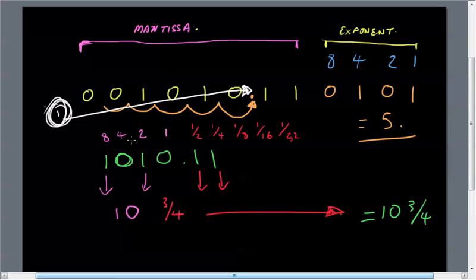We get 1 mark for working out this, and this.